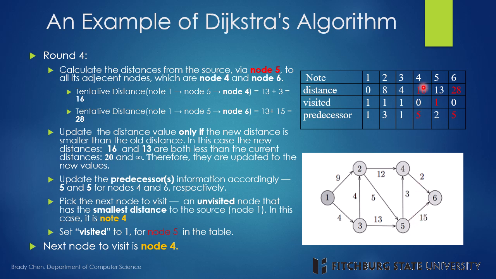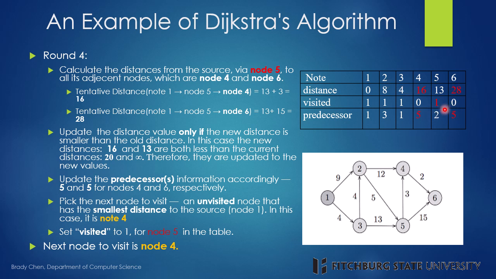From here, 13 plus 3 is 16. And 13 plus 15, you get 28. So the updates are both from 5, from here, this, and this. Number 5 is visited. So all these are red, color coded.